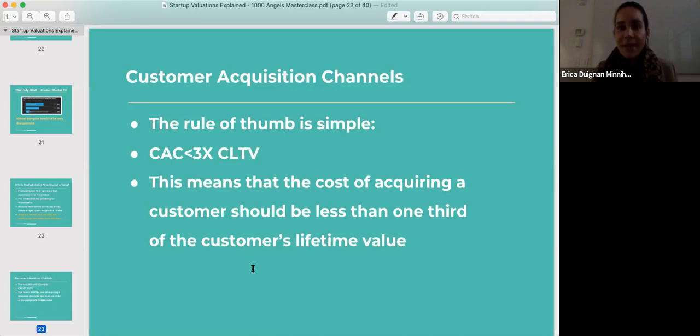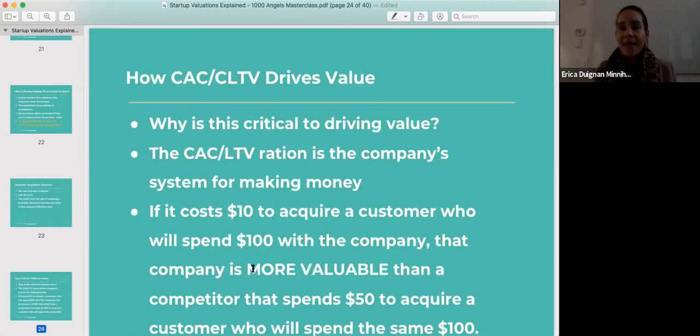So you're making money. The way that the ratio of CAC, or customer acquisition cost, to LTV, customer lifetime value, affects value is that it's essentially giving you a formula for their system for making money.